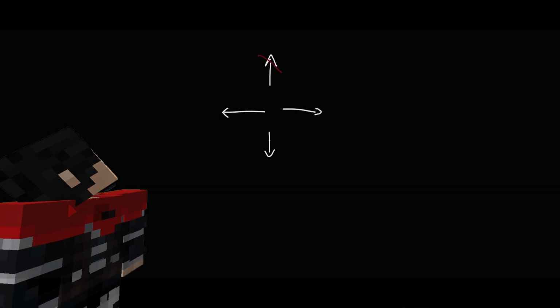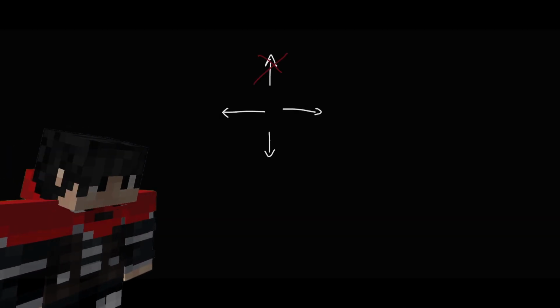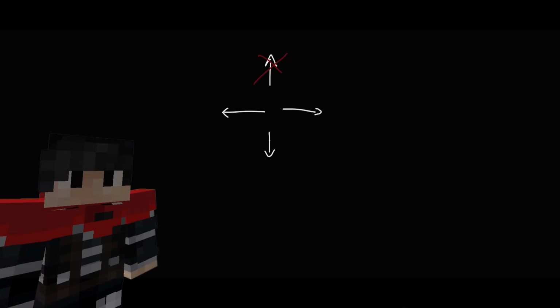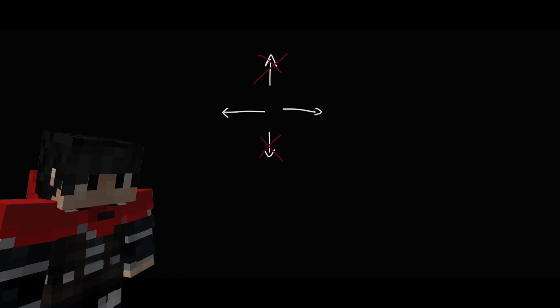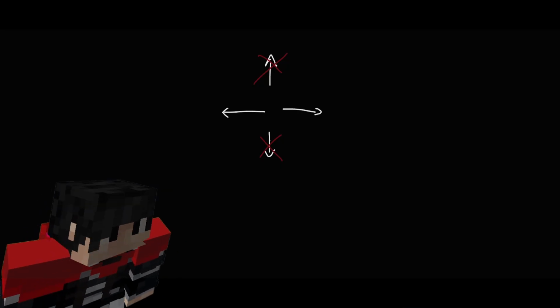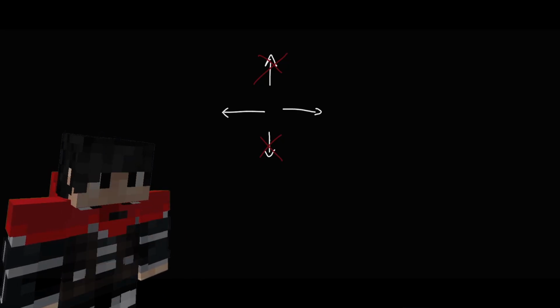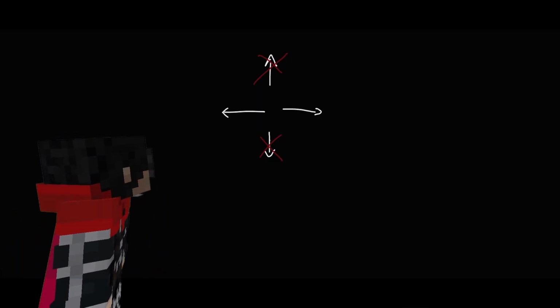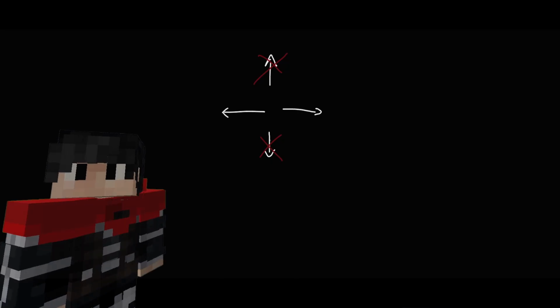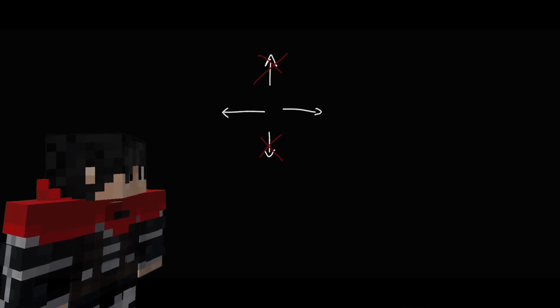For example, the up direction. We don't need to move our piece up. And the down direction is not necessary, because every few seconds our piece falls down one cell automatically, so we don't need to take a look at it. So we have only two directions that we need to program, the right and the left.